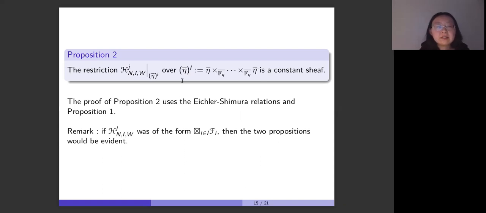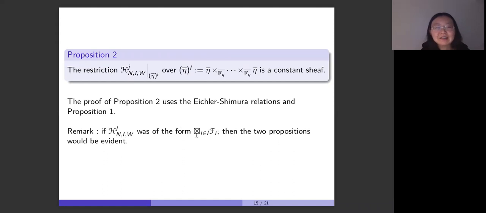So what does this proposition say? In fact, if the cohomology was of the form the product of some sheaves, then proposition 1 and proposition 2 are automatically true. But unfortunately, the cohomology sheaf may not be of this form.